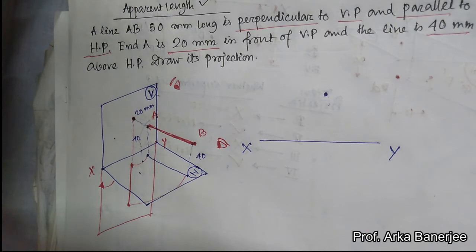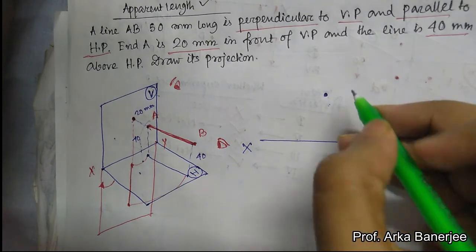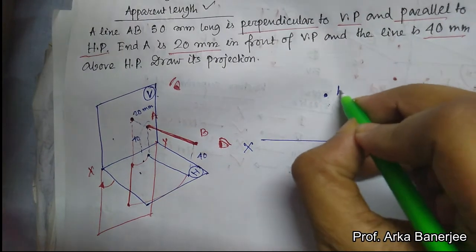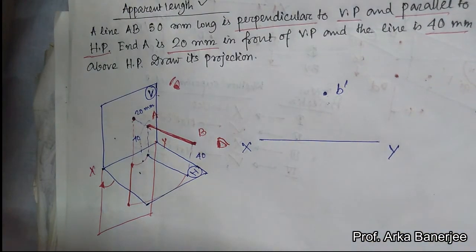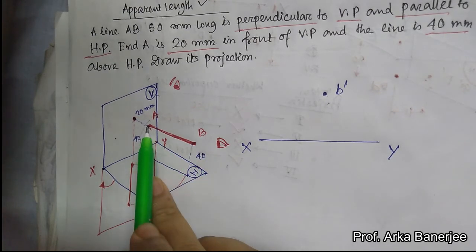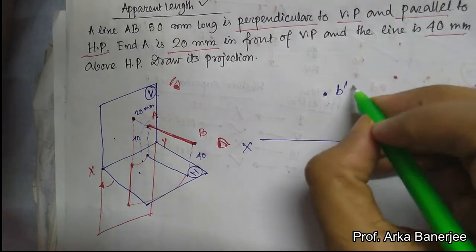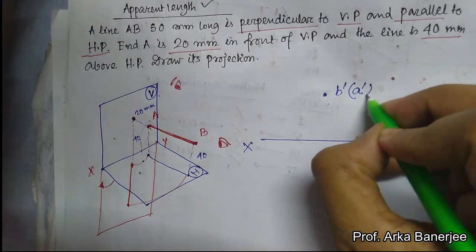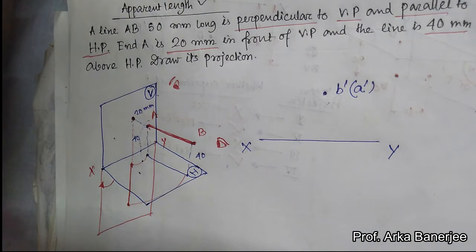B is nearer to the observer. So we will write B prime first. Why prime? Because it is the front view. Point A is also there, but it is behind B from the observer. So that is why we will write A prime in bracket.